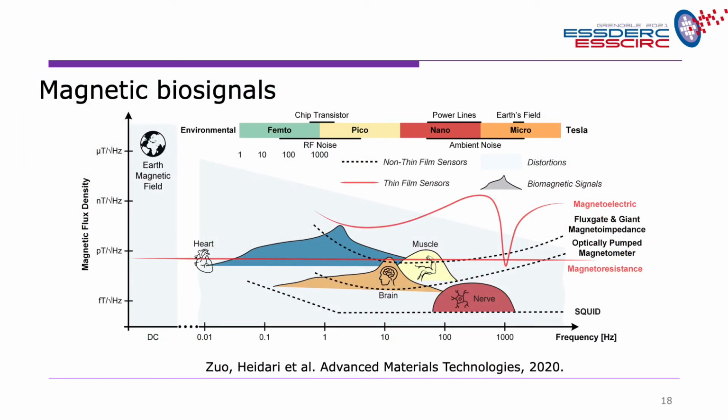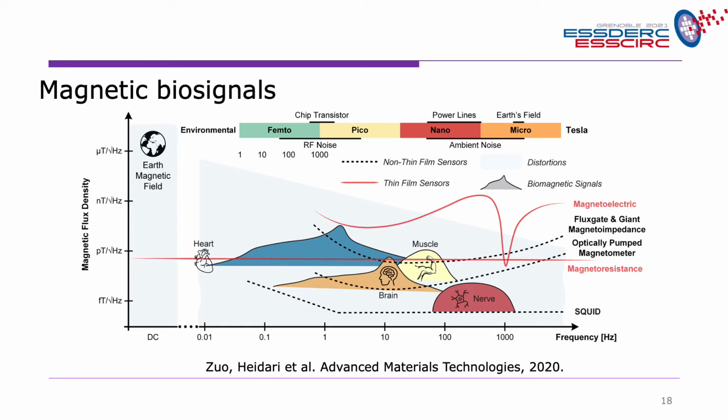Here, the graph shows the magnetic biosignals. On the right side, on the y-axis, we can see the magnetic flux density, which, for example, for heart, muscle, brain, or nerve, is sub-picotesla.